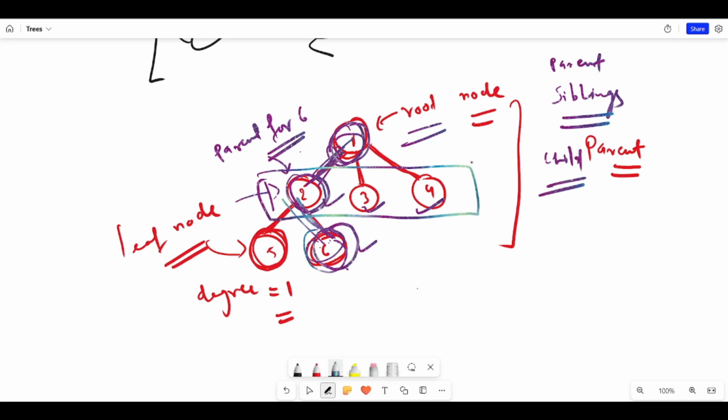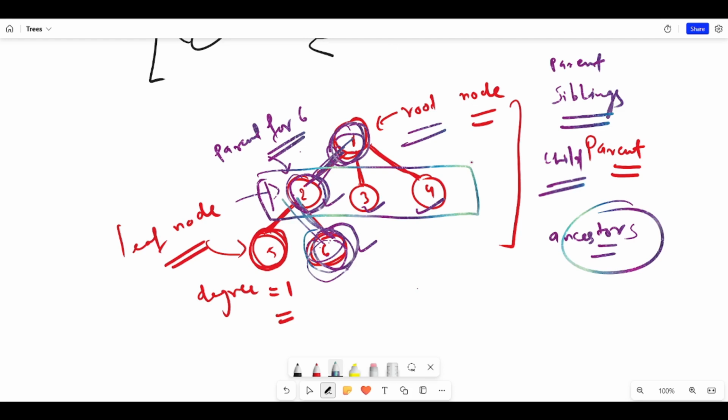Let's talk about the next term, which is ancestor. What is an ancestor or ancestors? Now for node number 6, all of the nodes which come along the way to the root node are ancestors of that node. Like here for node number 6, the path contains node number 2, 1, and 6 as well.